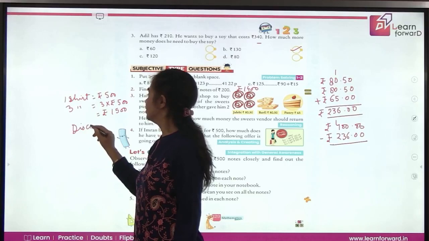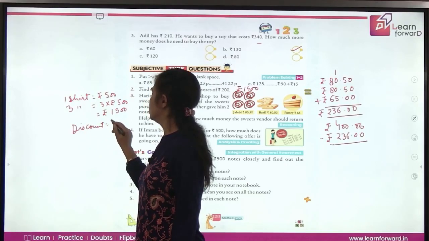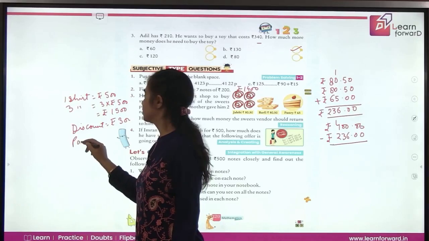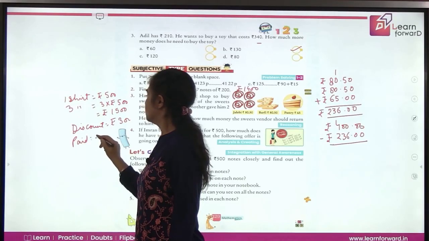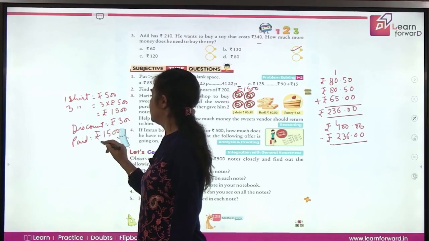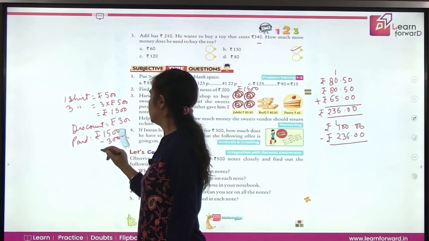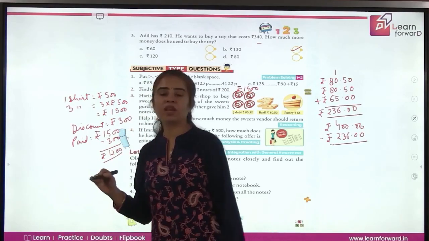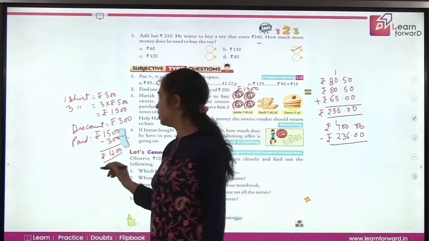Discount is rupees 300. That means the amount paid is 1500 minus 300, which is equal to rupees 1200. So for 3 shirts, he paid 1200. For another 3 shirts, he paid 1200.